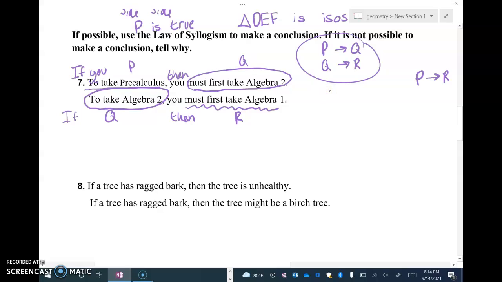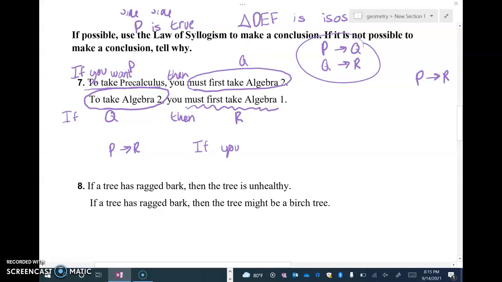So this one, we can say if P, then R, which P was if you take pre-calculus, or if you want to take pre-calculus, that probably makes more sense.